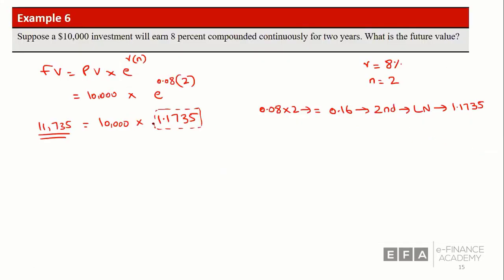This is the future value of our $1 investment that has grown for 2 years continuously at a rate of 8%. So after 2 years, your $1 becomes 1.1735. This is the future value of $1. If I can have it for $1, I can get it for $10,000 as well, and that gives us 11,735.